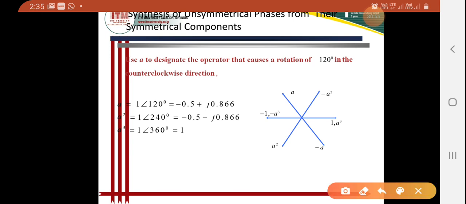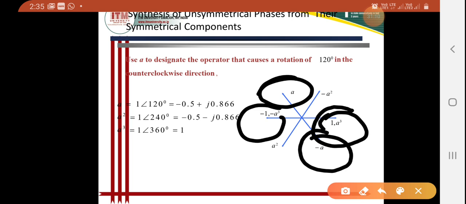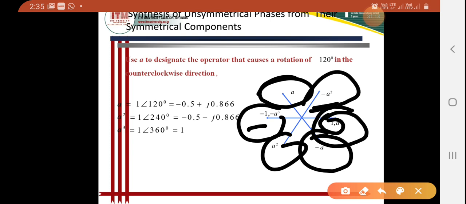If here is operator A, obviously at 180 degree phase it will be minus A. Similarly, A cube at 180 degree phase will be minus A cube, or minus 1. Similarly, A square at 180 degree phase will be minus A square. So this is all about our operator.